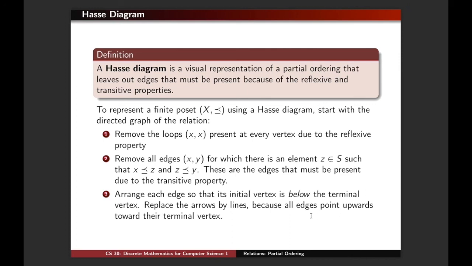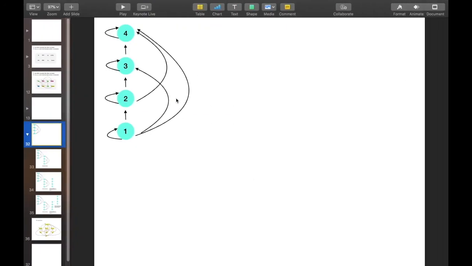Okay, so let's apply that on the example we had earlier. Recall that this is a visualization of the less than or equal relation for numbers 1, 2, 3, and 4. So the first step is to remove self-loops, right? These arrows that are due to the reflexive property.